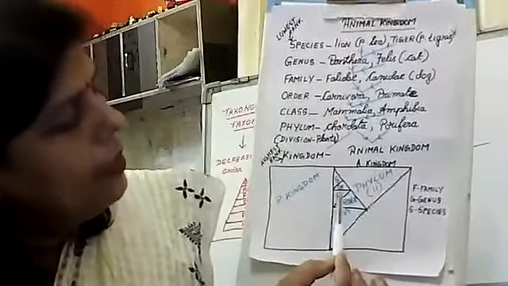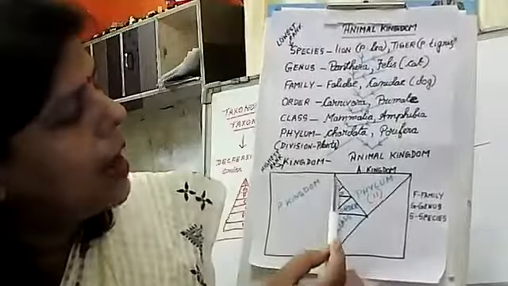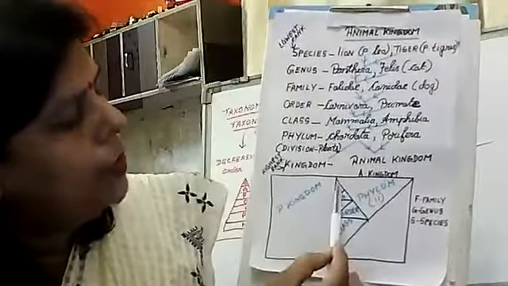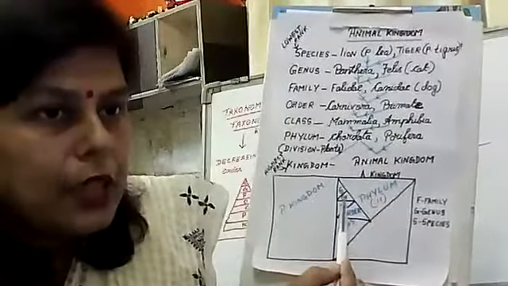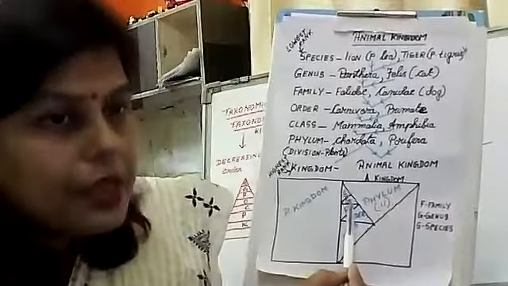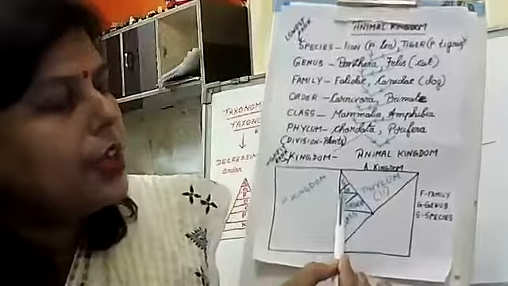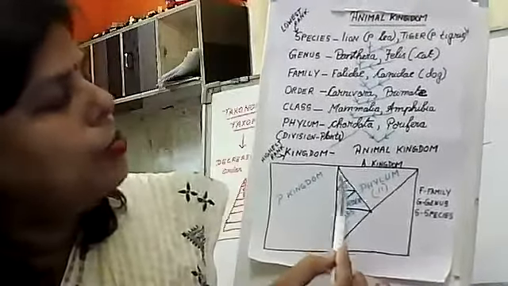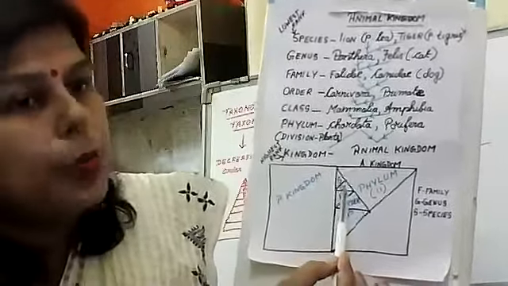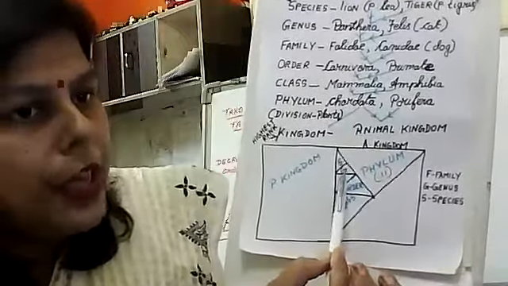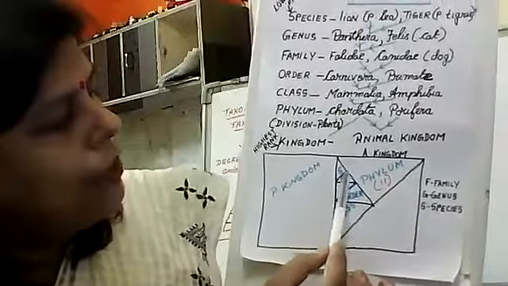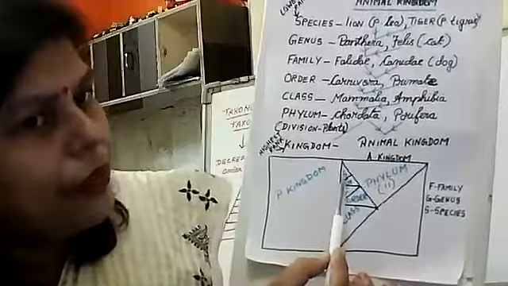Then again, you just take one triangle of this genus group. Here also many individuals are there. Among them, the similarities are there. And ultimately, the genus is divided further into smaller groups known as the species. You just see the size of the species as I have written.